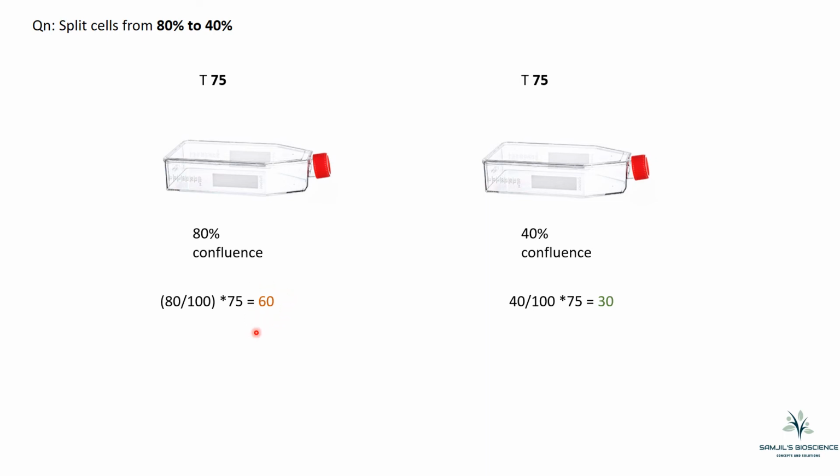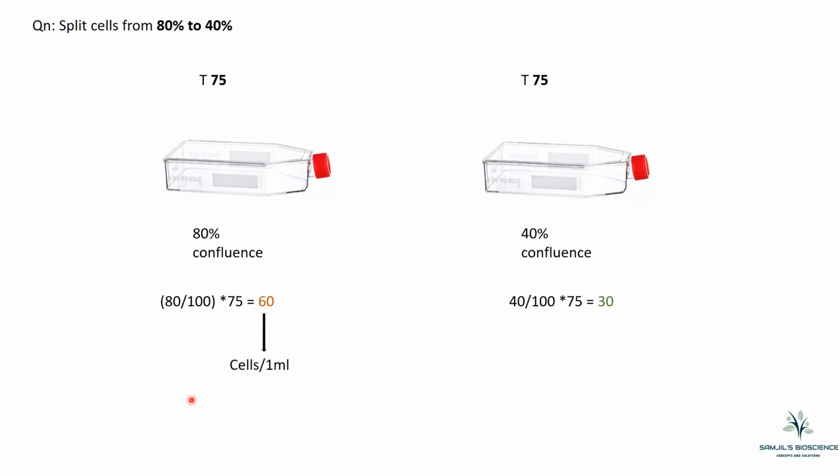Now what you want is 40% confluence, so 40% of your 75 centimeter square area. When you calculate, it is 30. So you have 60 and now you want 30.